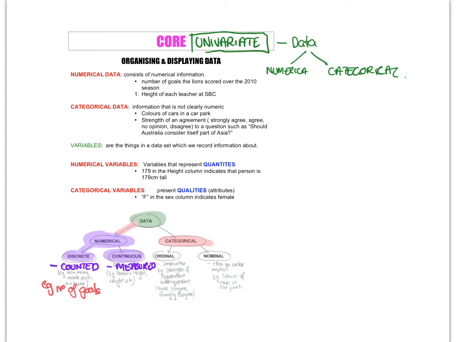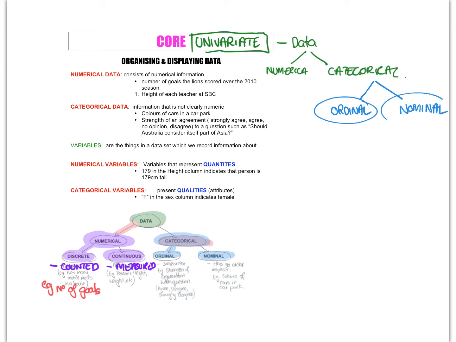Now, categorical data too breaks off into two categories called ordinal and nominal. Ordinal is when you have categories that have some type of order. I'm going to break it up here, so ordinal and nominal, and we can put a few more examples here.